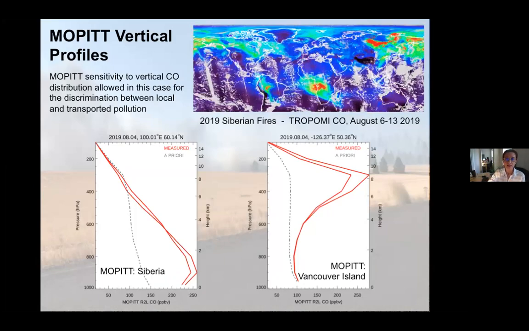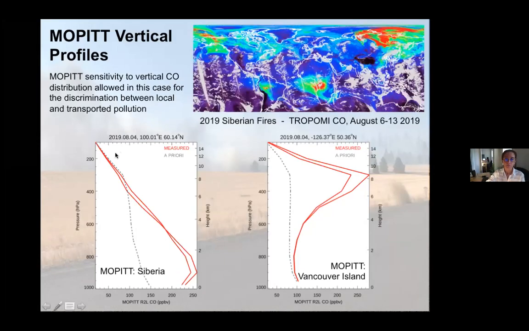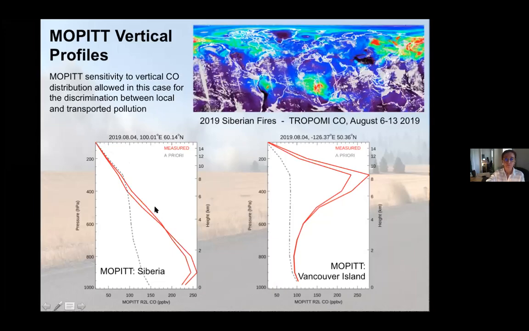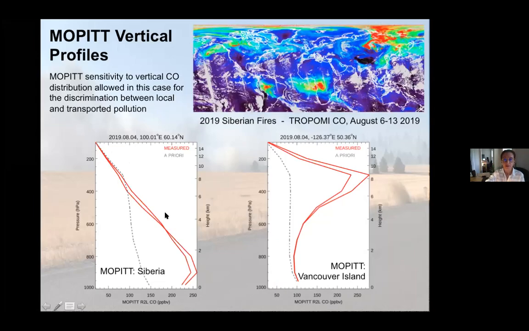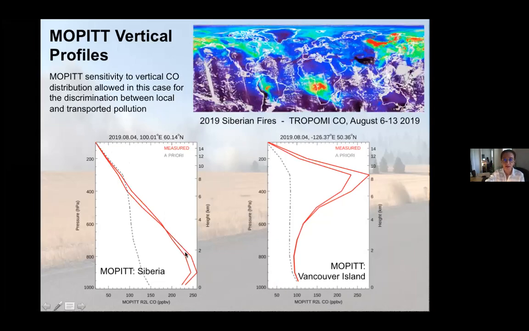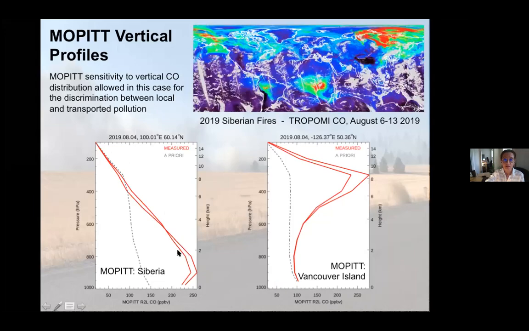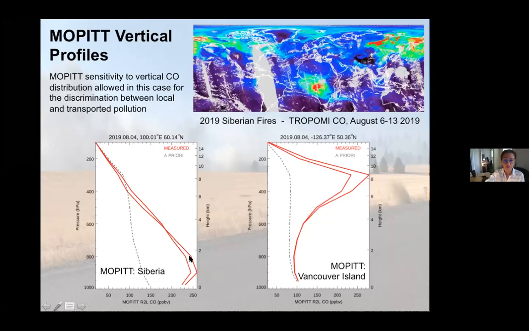Here I'm showing MOPITT CO profiles in red, measured over Siberia, where the fires were taking place. You can see the anomaly, the high CO is very near the surface.